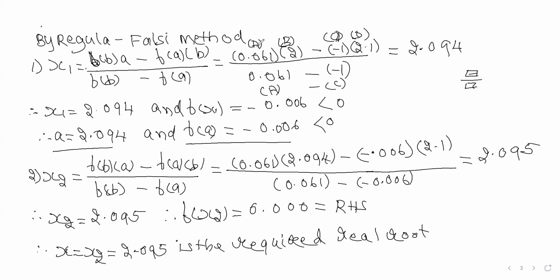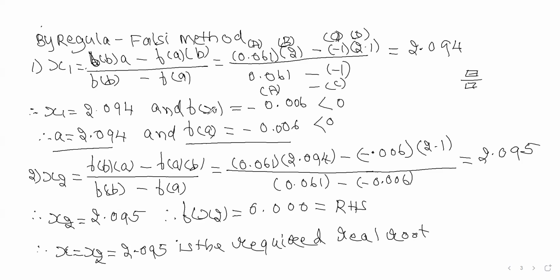It asks the values of A, B, C, D. You enter the numerator values, the denominator is automatically entered, press the equal to button, and you get 2.094. Okay, now look here, my dear students, x1 is 2.094.